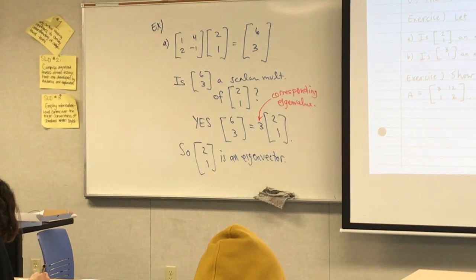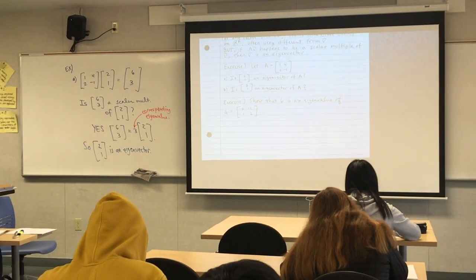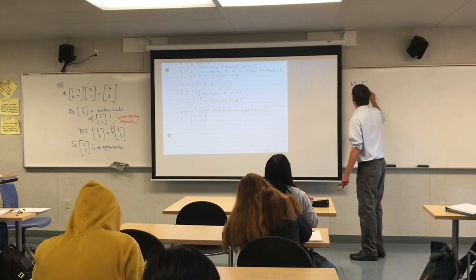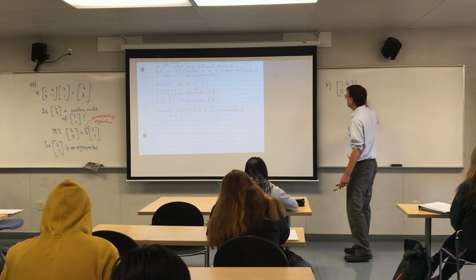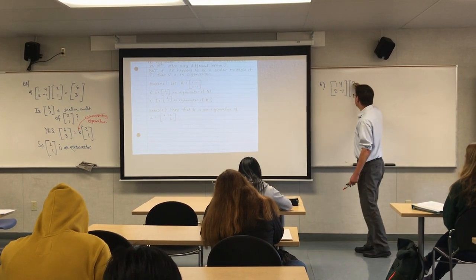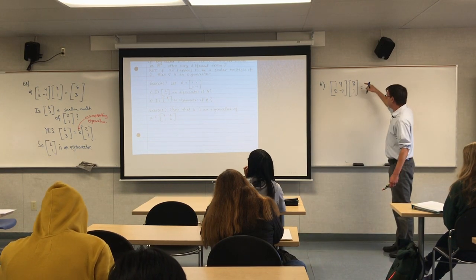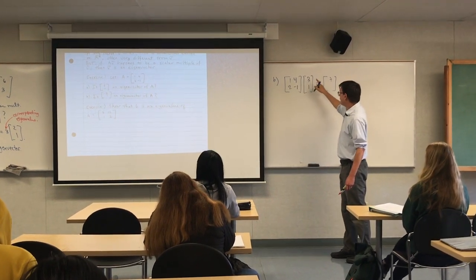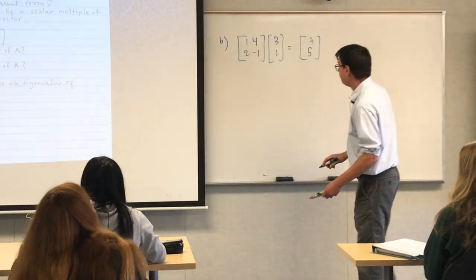B. So let's take that same matrix A, 1, 4, 2, negative 1, and multiply by (3, 1), and see what happens. Let's see, I think I get 7, and then 6 minus 1 is 5.